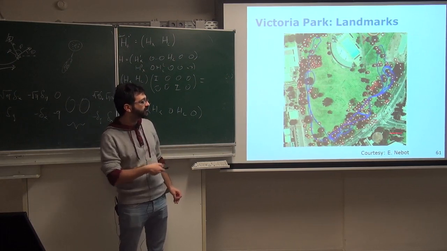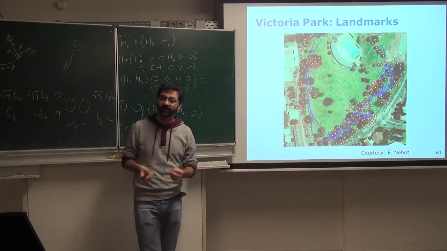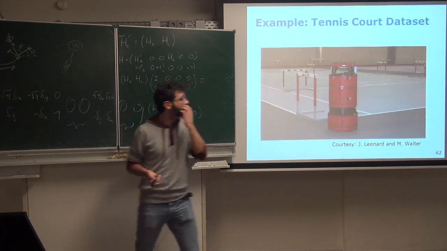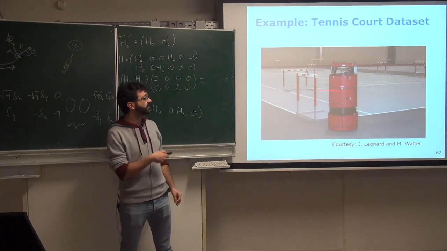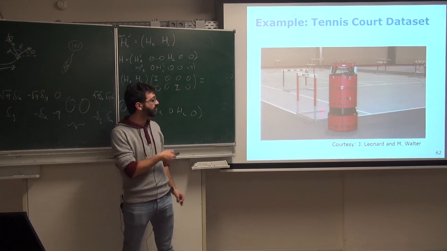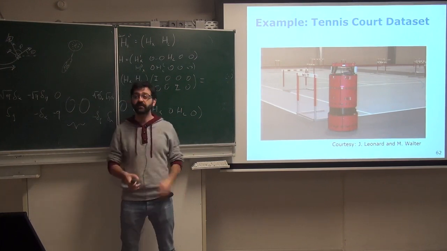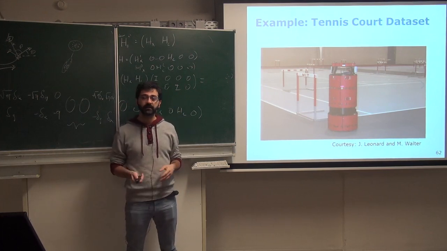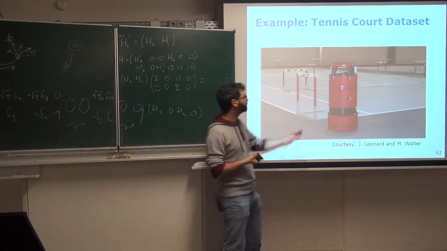Okay? Another experiment that was also done at MIT: to get the ground truth, they took a tennis court and put poles at the different corners, so they knew the distance and relative displacement of all of them, and then they could observe these poles with the laser and detect them.